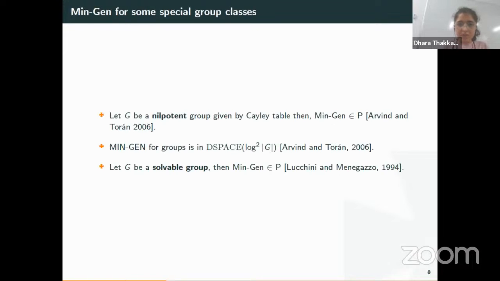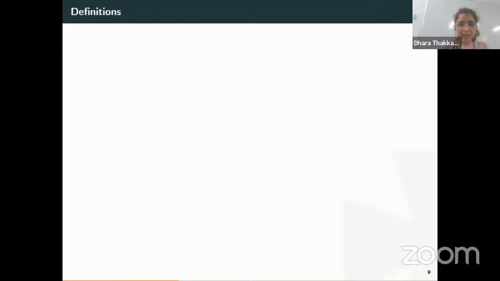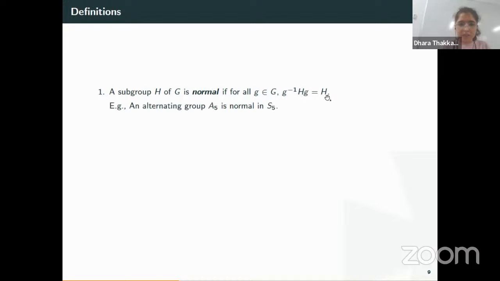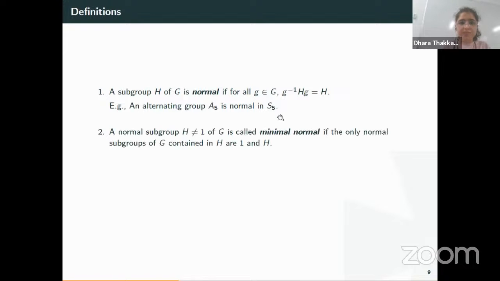So I would like to tell you why I have started working on this problem. But before that, let me give you some definitions. A subgroup H is a normal subgroup if g inverse H g should equal H for all conjugates of H. For example, the subgroup A5 is normal in S5.